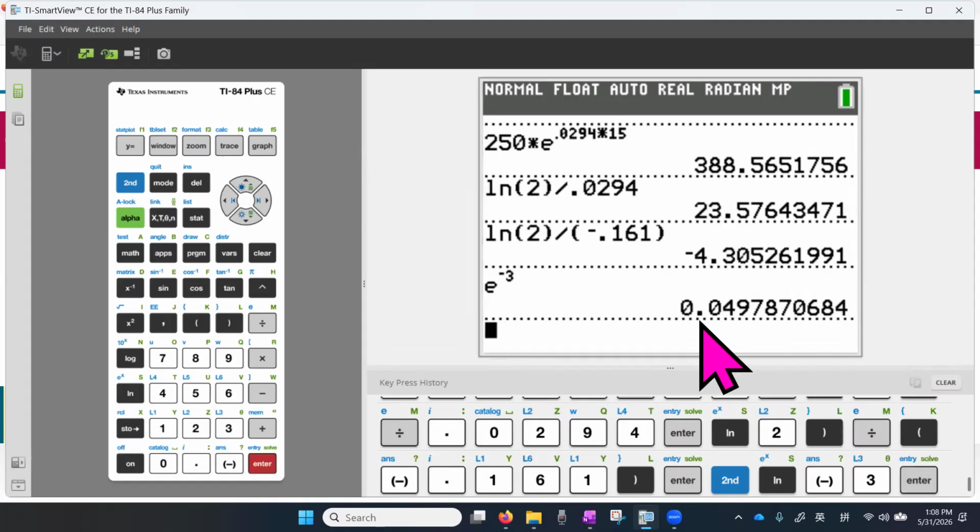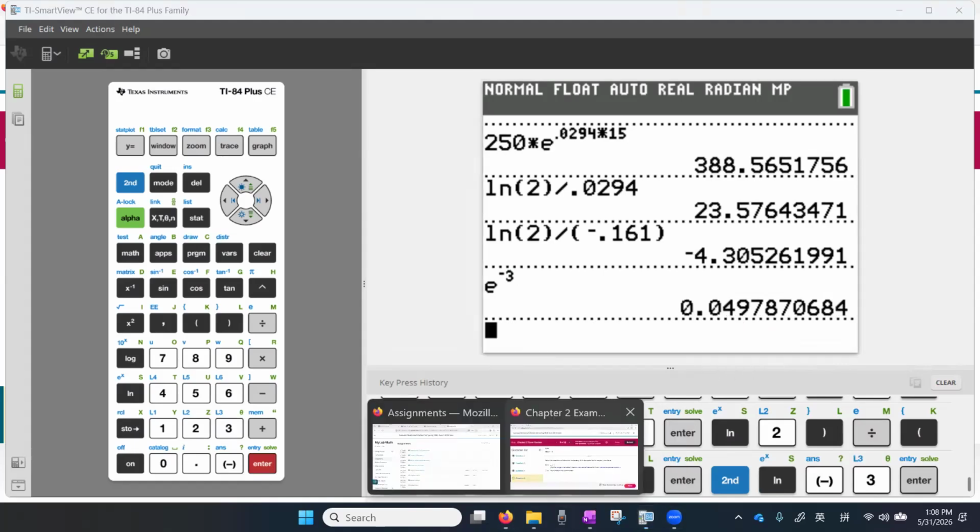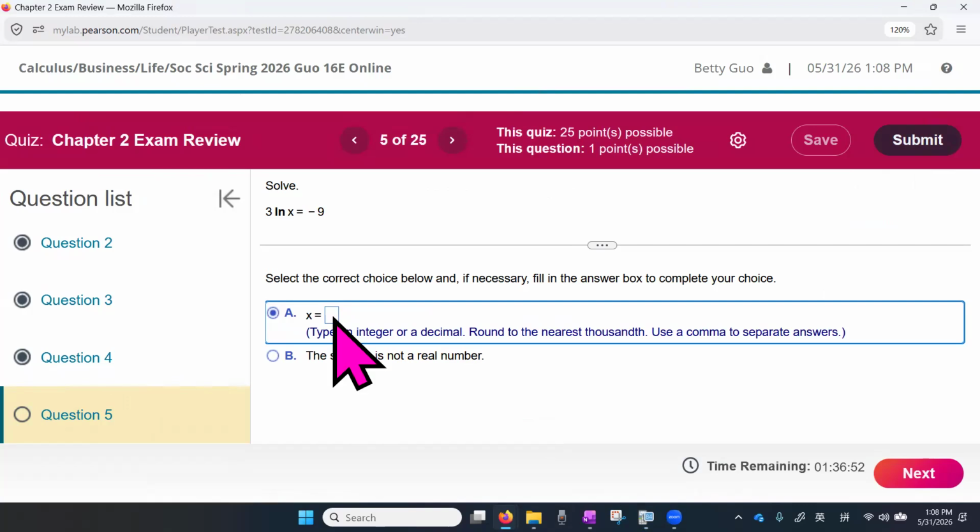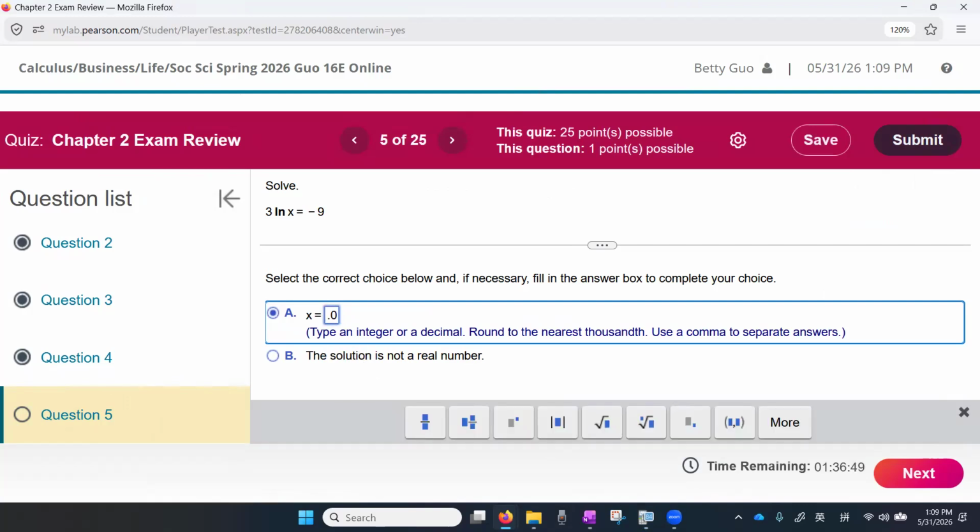Keep 3 decimal places, 0.050, because 7 is bigger than 5. 0.050. Double check. Okay, next.